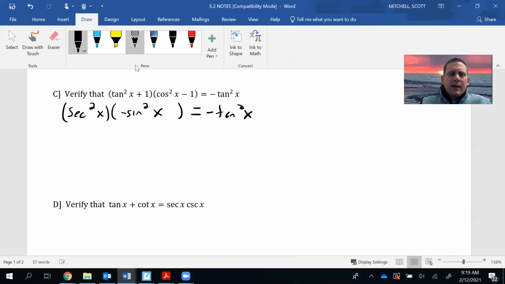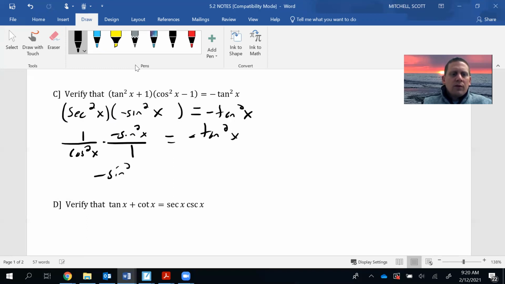Well, we need to get it into tangent. So I have a secant. What if I make this 1 over cosine squared times negative sine squared of x, and that still equals negative tangent. So if you put these two as one fraction, you get negative sine squared over cosine squared.